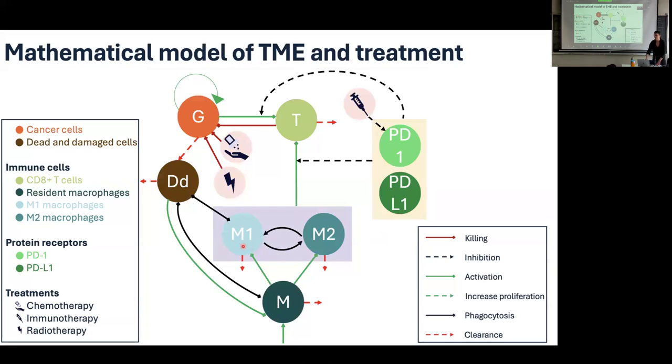M1 and M2 can switch between these types. Both of these come from resident macrophages within the brain, and they can impact T cell action, so they can inhibit T cells or promote T cell activation. M1s can kill the cells through phagocytosis.